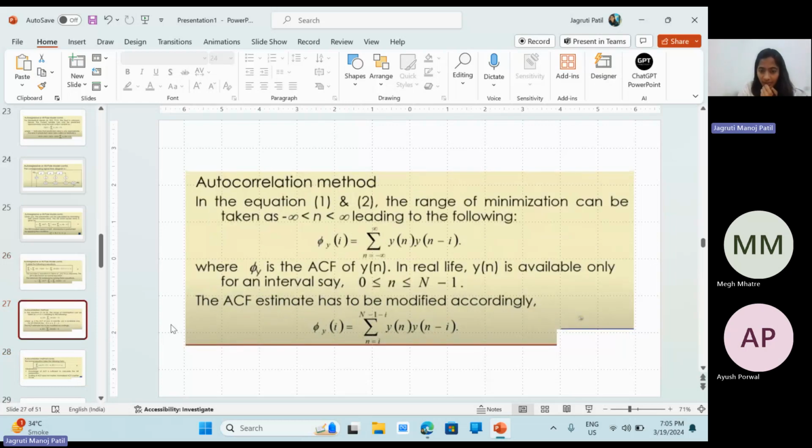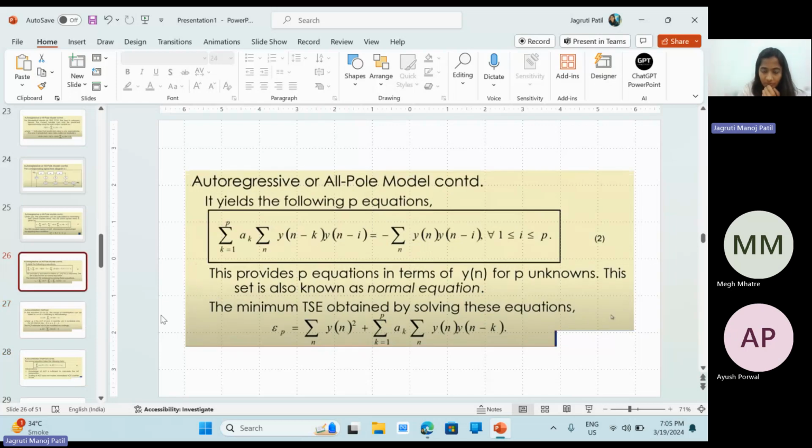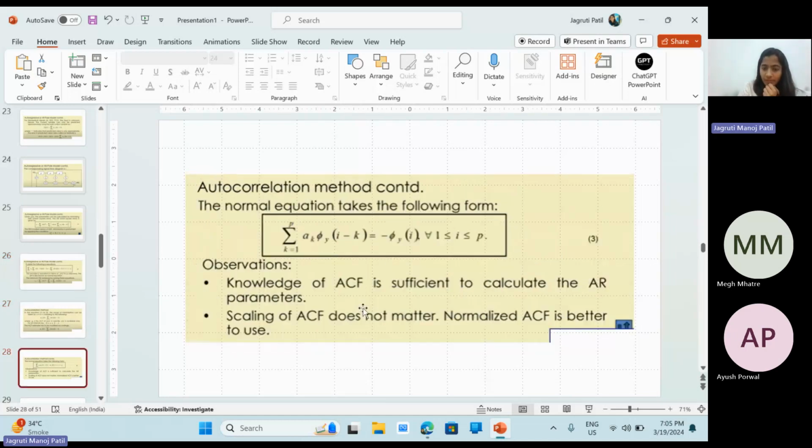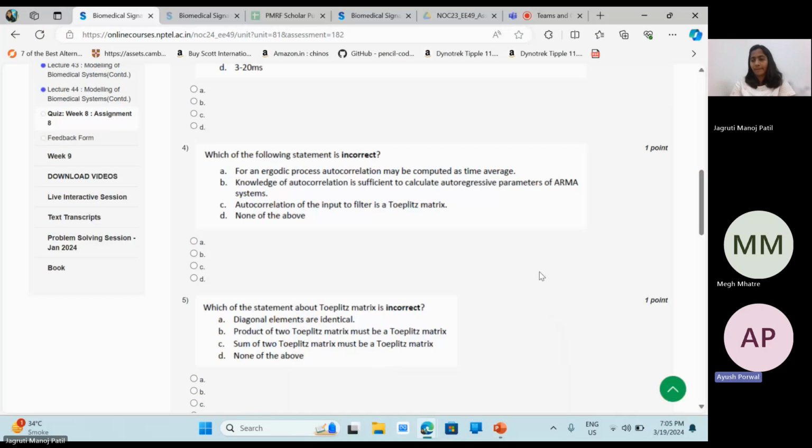Now let's see what the equation was. There we tried differentiating the equation. So this equation is for this model. Accordingly, you're trying to manipulate it and then estimate. Ma'am, actually, the autocorrelation method and covariance method were for the AR model, not for the ARMA model.